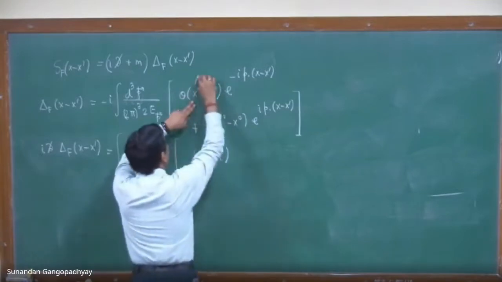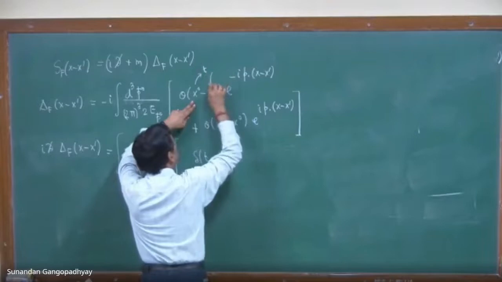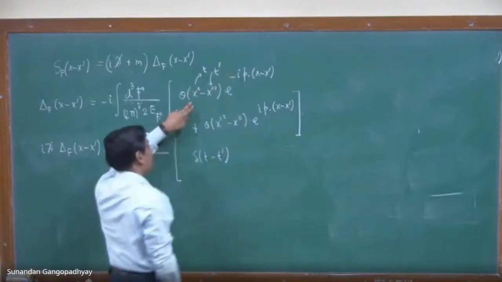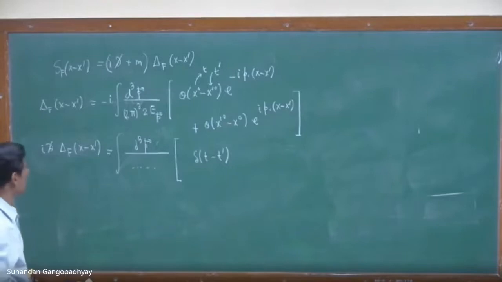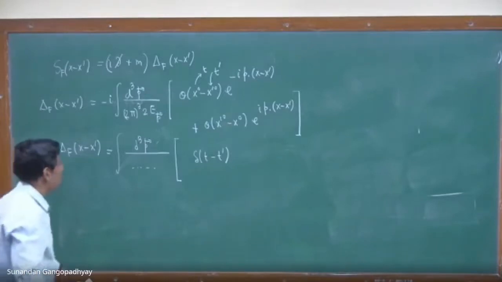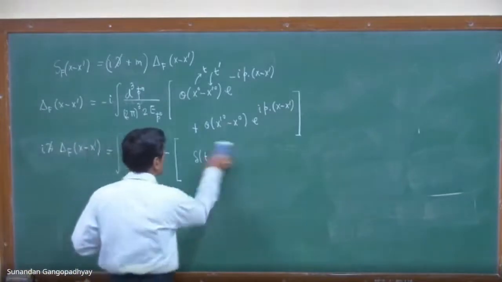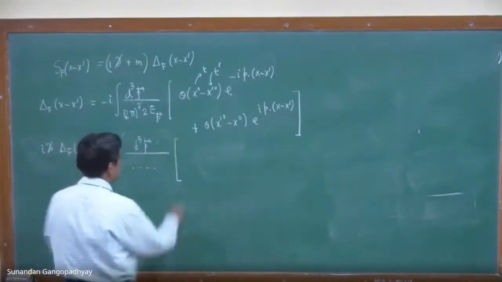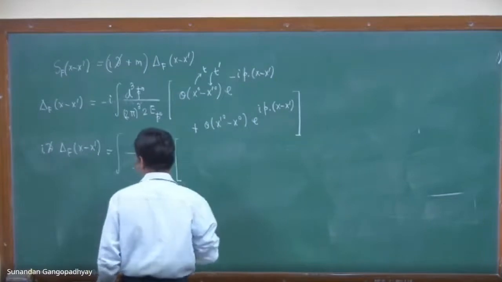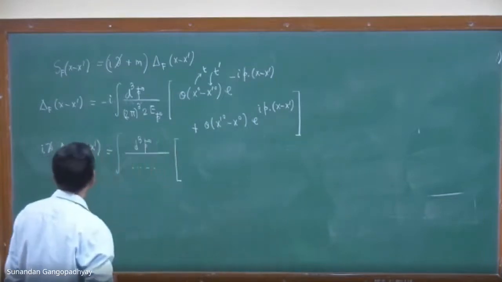Basically, this x naught is t, and this is t prime. So this will give me a delta function, right? So I think I made a mistake. Let's be careful about it. You should remember that this del slash is basically gamma mu del mu.